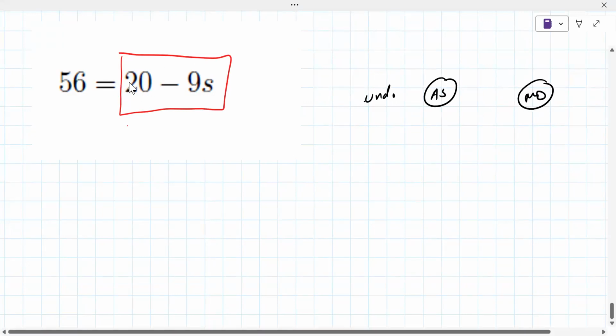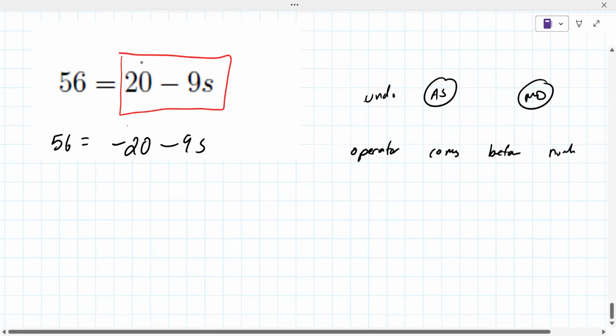Is this 20 being added or subtracted? It's being subtracted. Okay, so if that were true, there would be a subtraction operator in front of it. I meant when you're on both sides and you're getting rid of it. Okay, and that's fair. So the operator though comes before the number.